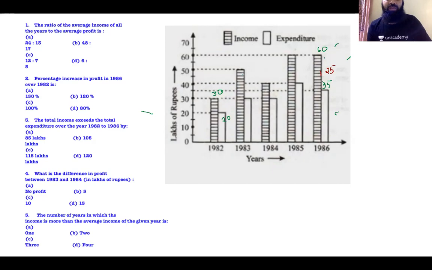If I write it as 10, and 25 is the profit in the last year.